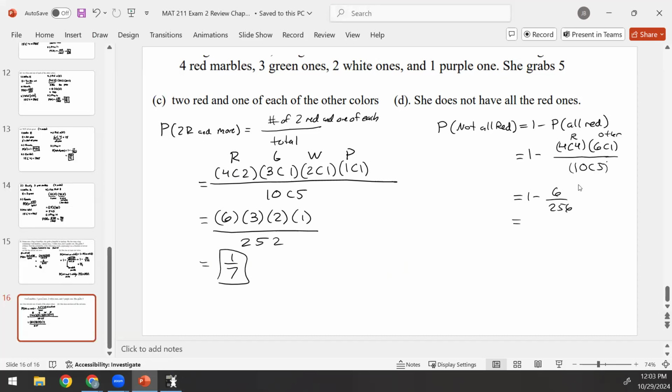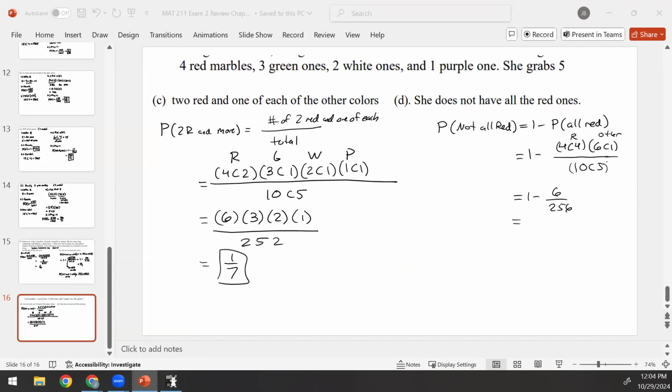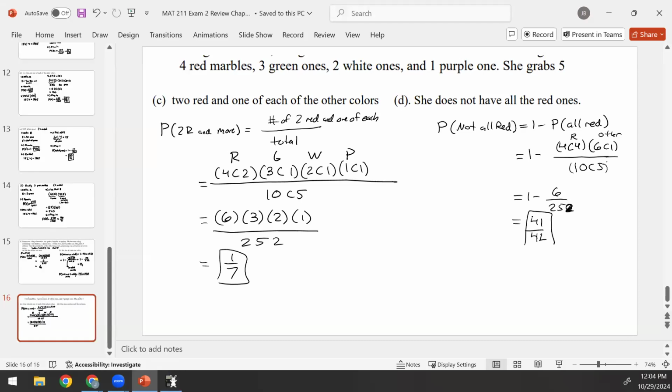Did I type that incorrectly? Sorry, it's 252, not 256, so then it's 41 over 42. Yep, that was my mistake. It's 1 minus 6 divided by 252. Math frac. There we go, 41 over 42. And we got it. And that's all the examples for probability.